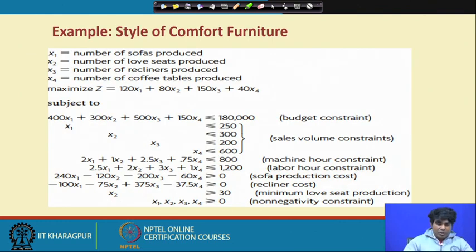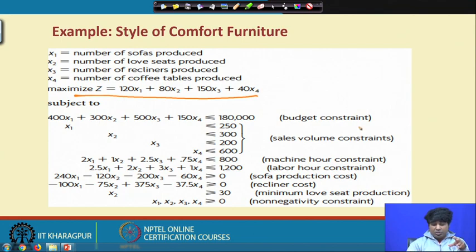You see here, this is a problem where we have a maximization objective function, and we have a couple of constraints here, like budget constraint, then sales volume constraint, machine hour constraint, labor hour constraint, then production cost, other cost, lots of typical constraints are there.